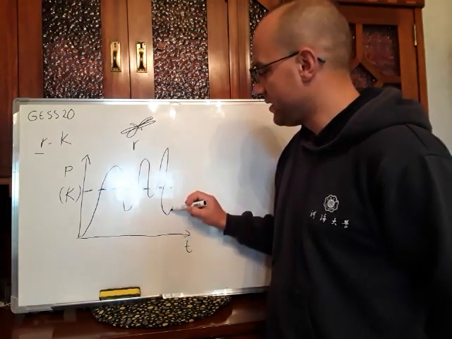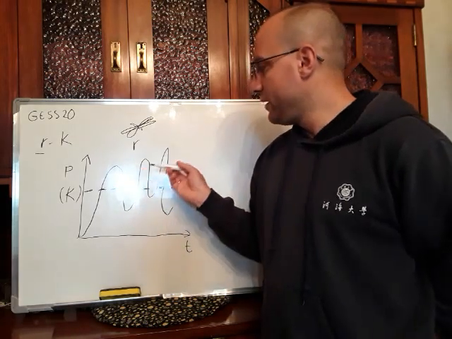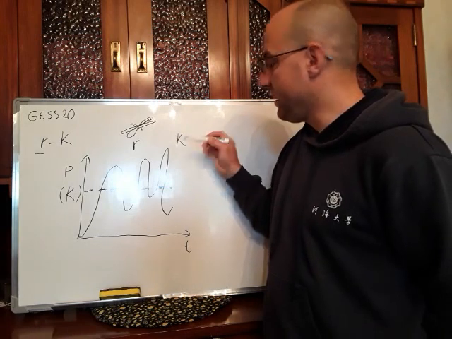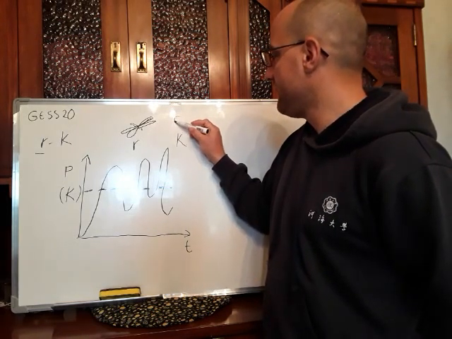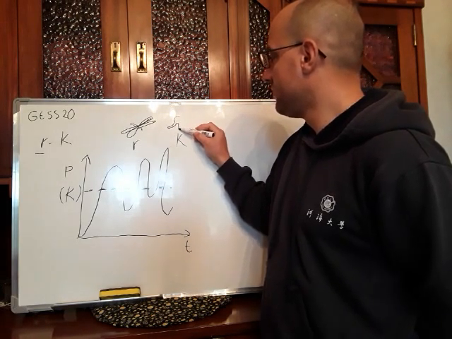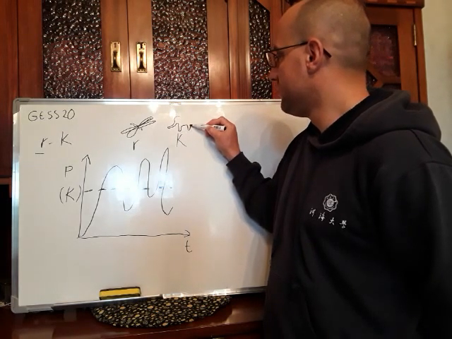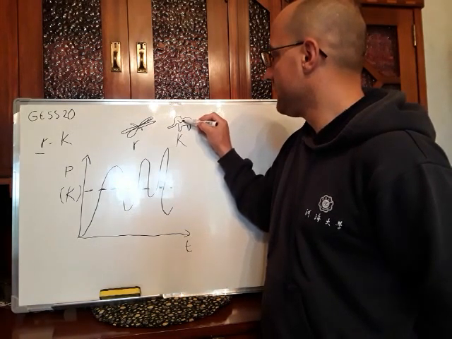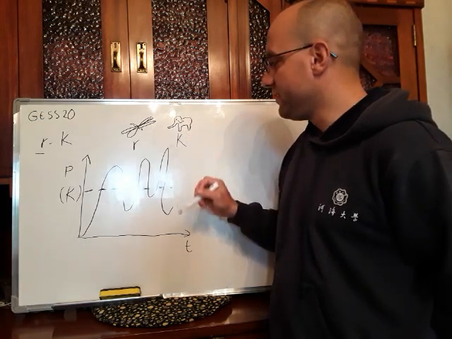And instead of this more naive type, I would say that we can think of the K selective species. Let me just put here an elephant. So just to draw an elephant in very simple ways. There, the big ear. So this is then the elephant. This is a K-selected species.